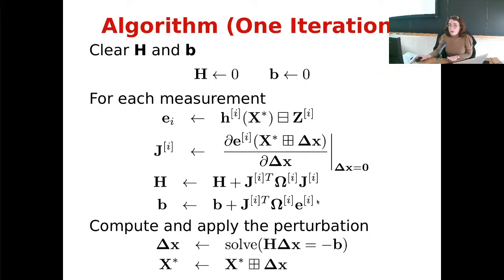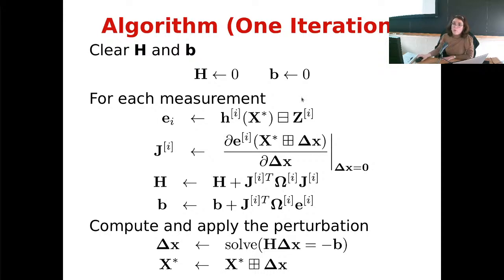Now, in these exercises, we will focus in particular on the manifold formulation. You can see the manifold formulation in action, in particular in the computation of the error function, in the computation of the Jacobian, and in the application of the perturbation to the current estimate of the state.